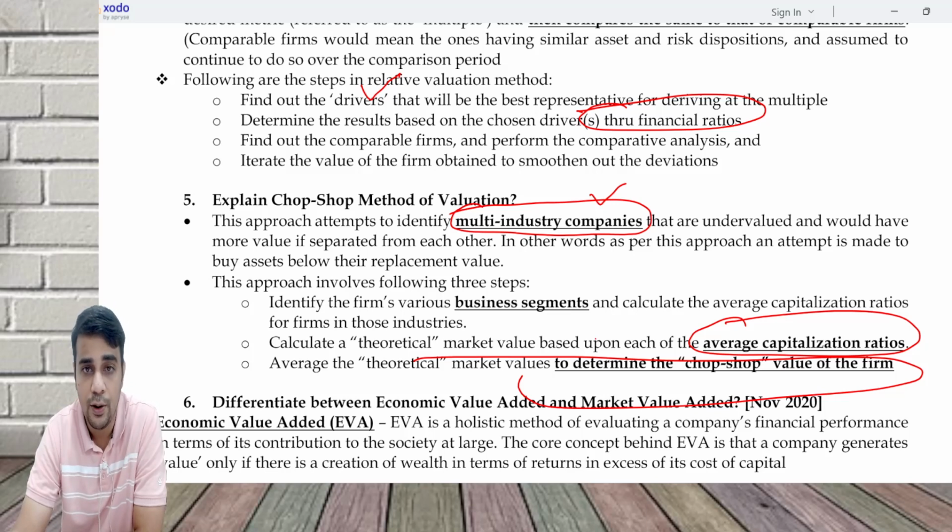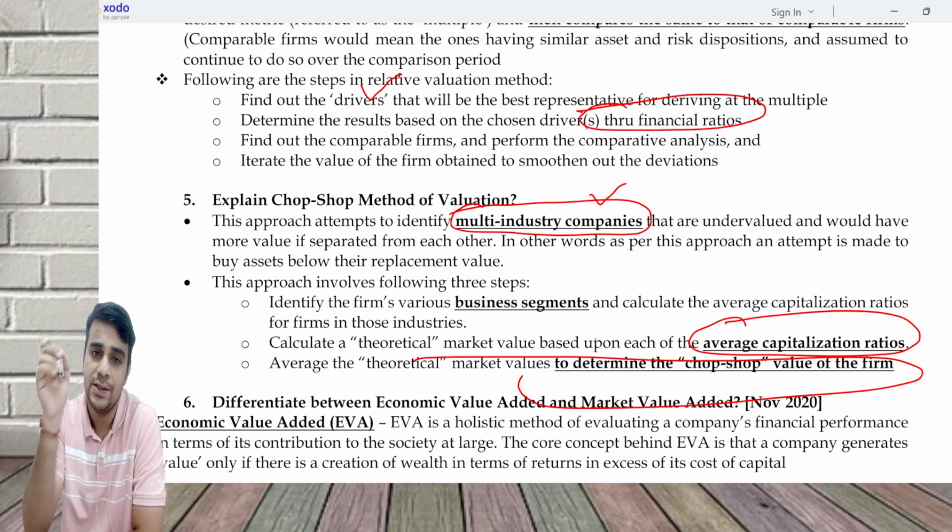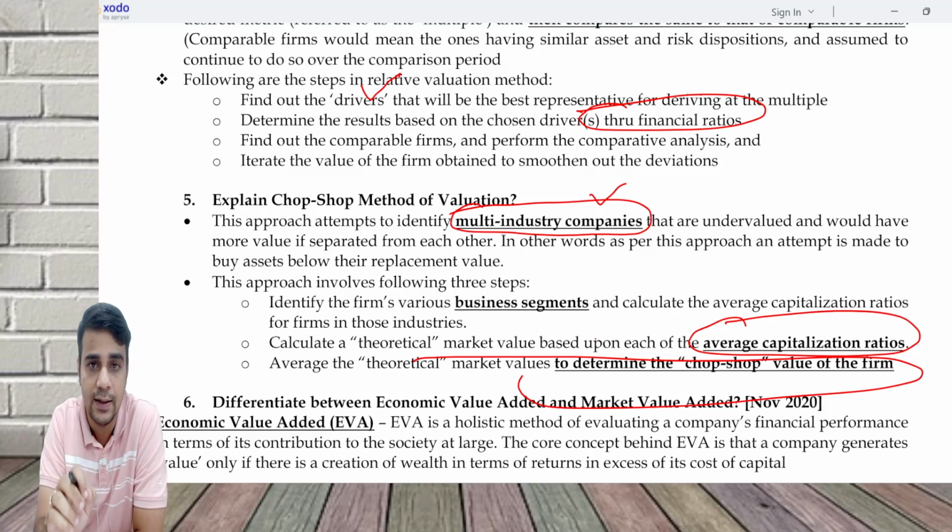Differentiate between economic value added and market value added. Economic value added is basically the excess return generated by a company after meeting the expectation of providers of capital. Whoever is providing capital, they need a return called cost of capital.